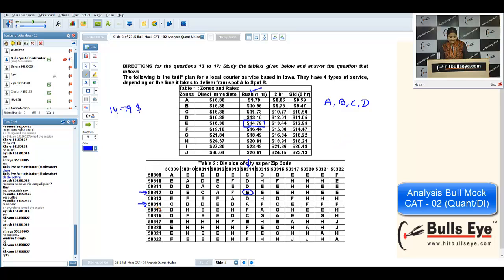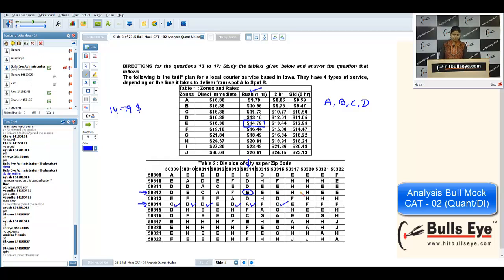Now I'm going to 5314. Now how many A, B, C, Ds are there? 1, 2, 3, 4, 5, 6. That's why this is the answer, 6. Is it okay, Shiva? Is it okay?